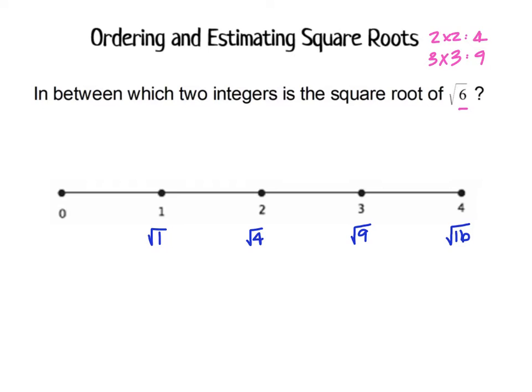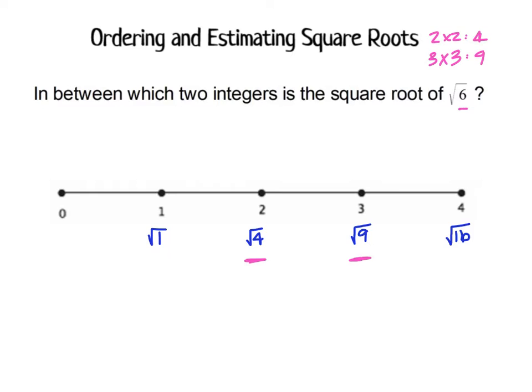So where would I put it if I think about it on the number line? Well, the square root of 6, this is why it's great to order it with my perfect squares, I know is going to be in between the square root of 4 and the square root of 9. When I think about where 6 is, between 4 to 9, it's a little bit closer to 4.